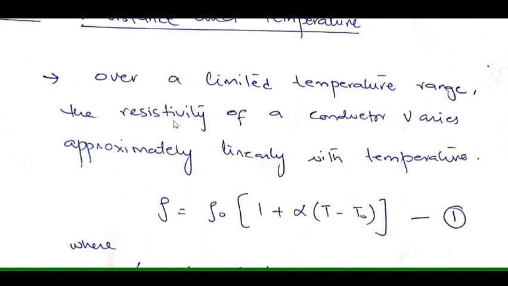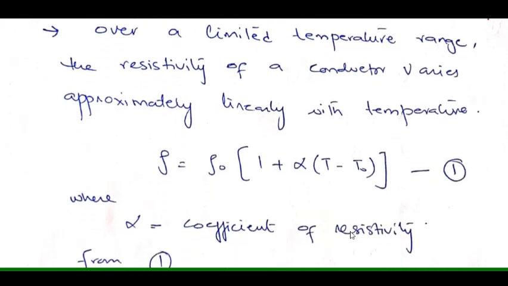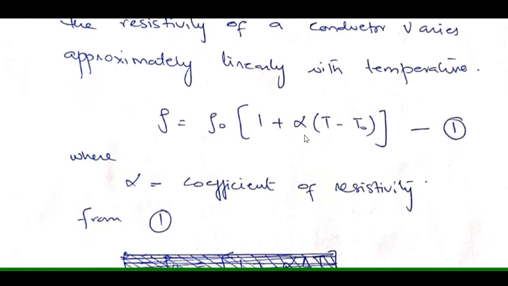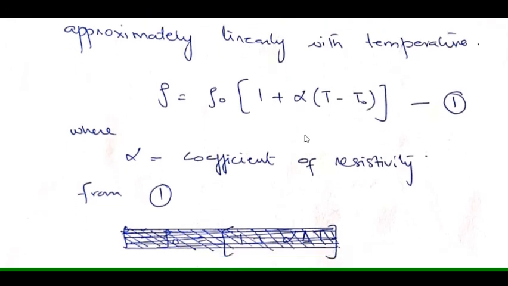So this says that it varies approximately linearly with temperature, and yes, it clicks in our mind that this can happen. So rho is equal to rho naught into 1 plus alpha times T minus T naught, where alpha is the coefficient of resistivity, which in mechanics was the coefficient of thermal expansion.